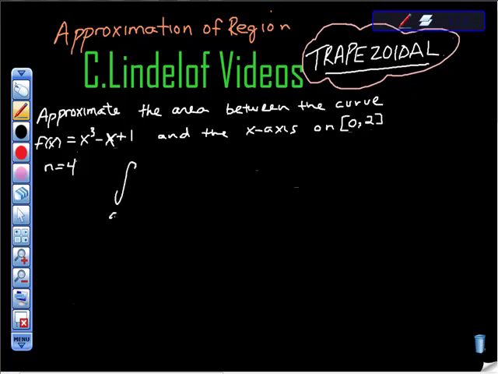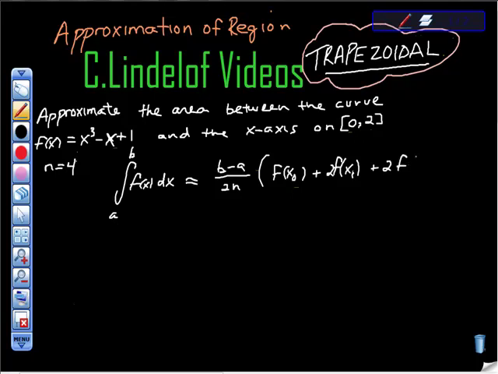And the trapezoidal rule says that we can estimate or approximate the definite integral of f of x dx and say that it is approximately equal to b minus a over 2 times n, this is a difference, times f of x sub 0, that's the initial value, plus 2 f of x sub 1, the first value, plus 2 f of x sub 2 plus dot dot dot plus 2 f of x sub n minus 1.